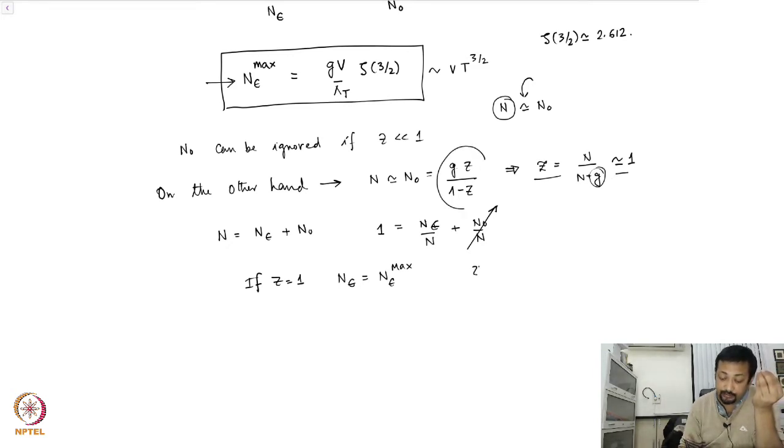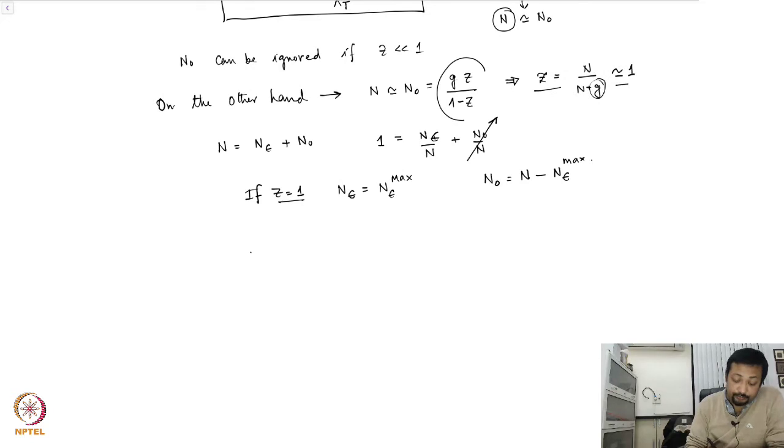You have hit the limit of z to 1, so you see N_0 diverges. Essentially the number of particles in the ground state is given by the total number of particles minus N_epsilon max, right?